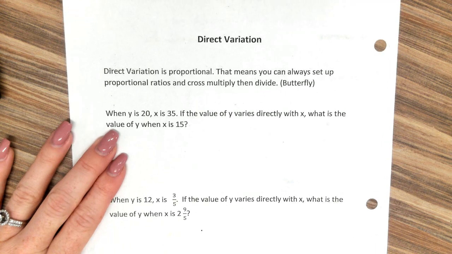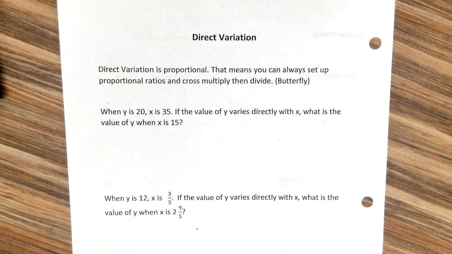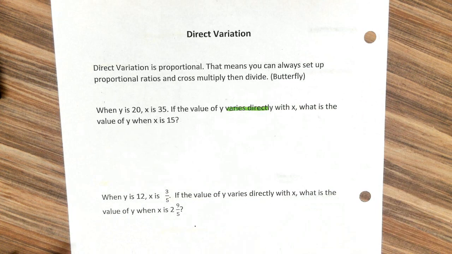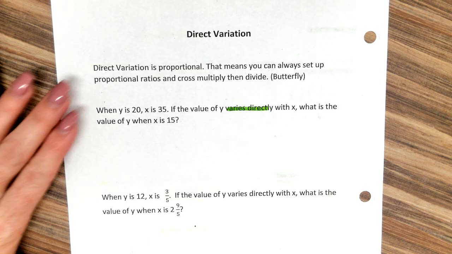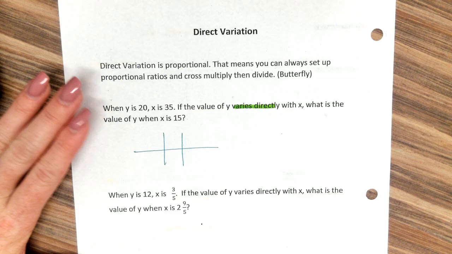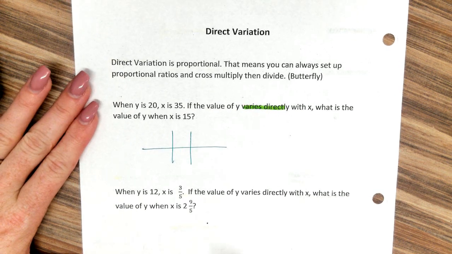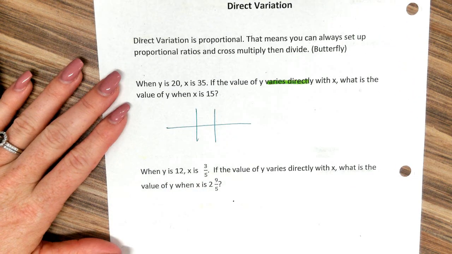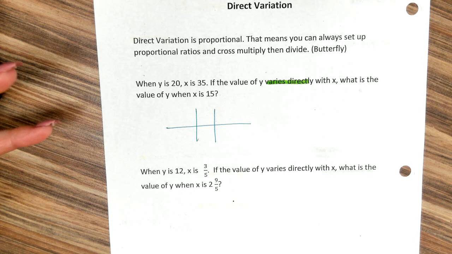So here we go. When y is 20, x is 35, and here's your clue word, if the value of y varies directly with x. So as soon as you see the words varies directly, you are going to make the box. You are going to write what they're talking about. Are they talking about pounds and price?